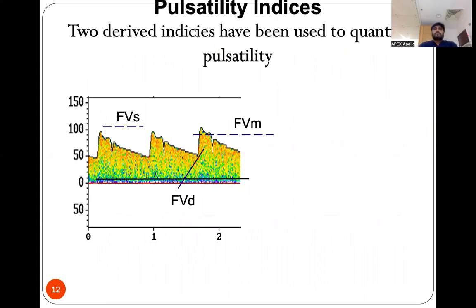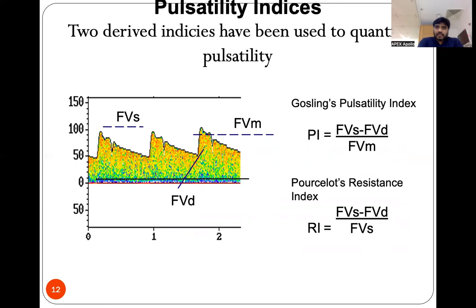There are 2 derived indices to quantify pulsatility. First is the Gosling pulsatility index, the difference between peak flow velocity and end-diastolic velocity divided by mean flow velocity.